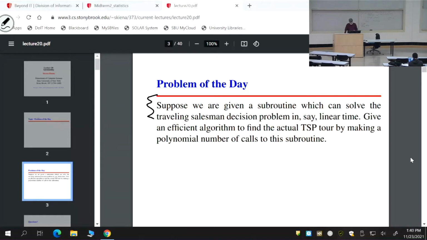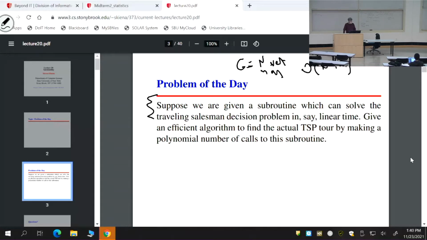You've got a graph G with n vertices and m edges.